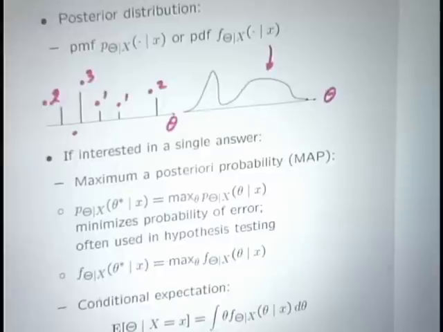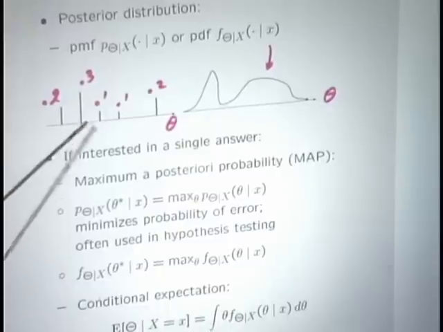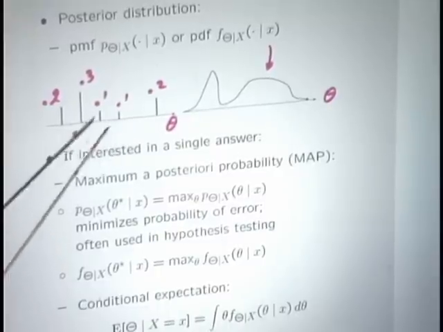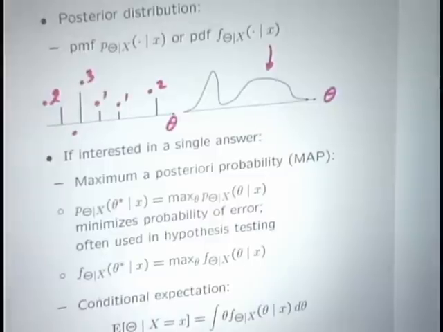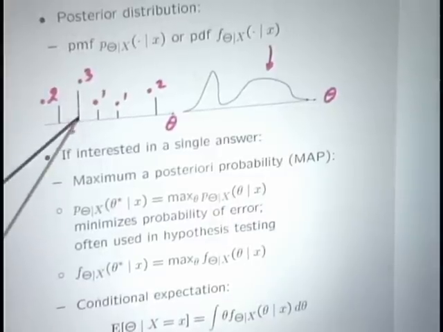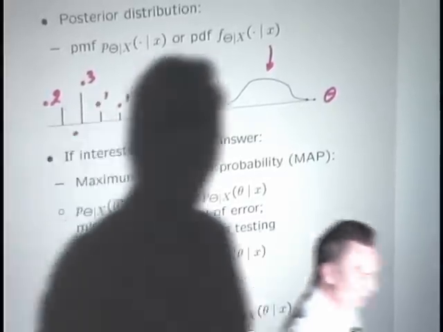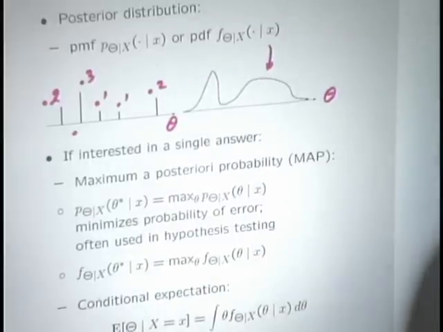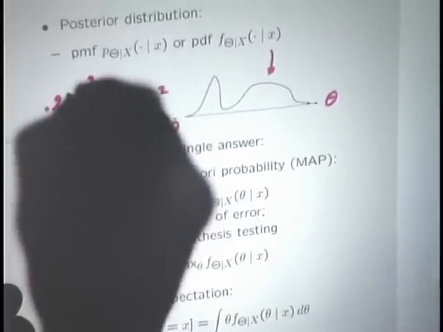So if you want to just maximize the probability of giving the correct decision, or if you want to minimize the probability of making an incorrect decision, what you're going to choose to report is that value of theta for which the probability is highest. So in this case, I would choose to report this particular value, the most likely value of theta given what I have observed.